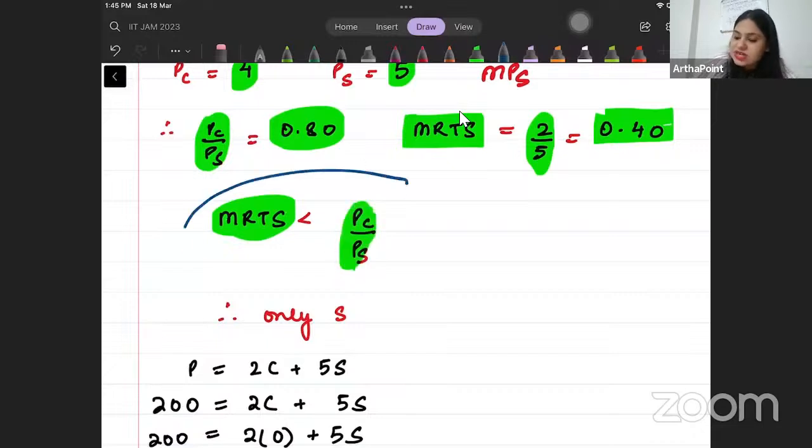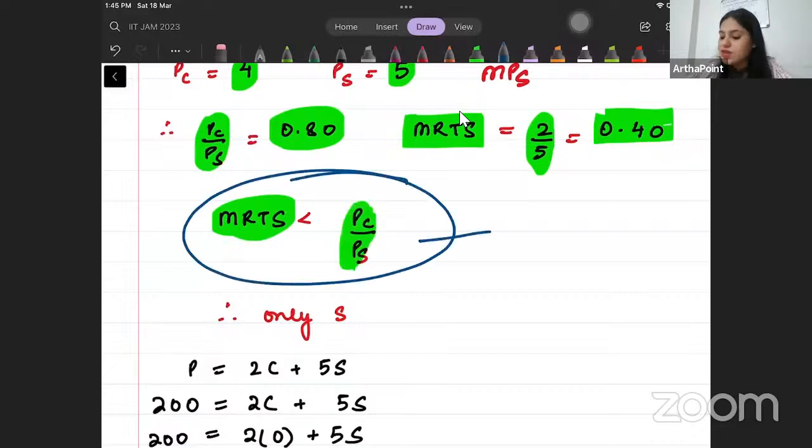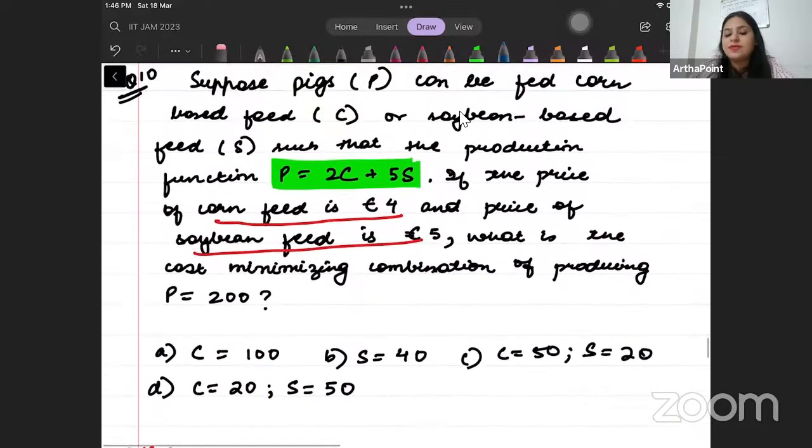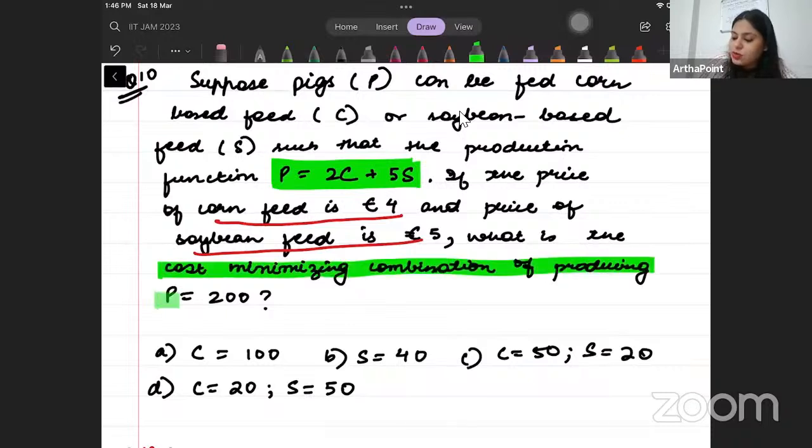And whenever this condition is satisfied, we know that you will use only input S. So I know that I only want to use the soybean feed. Now it asks, what is the cost minimizing combination for producing P equal to 200?